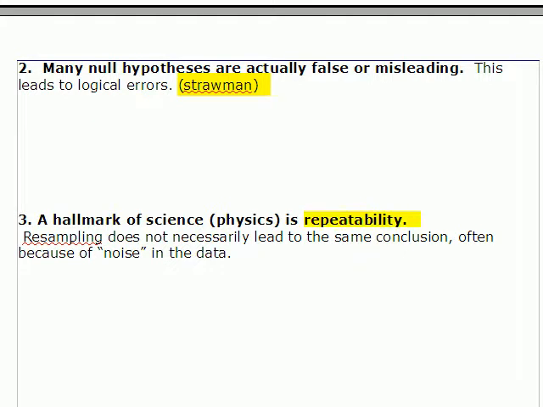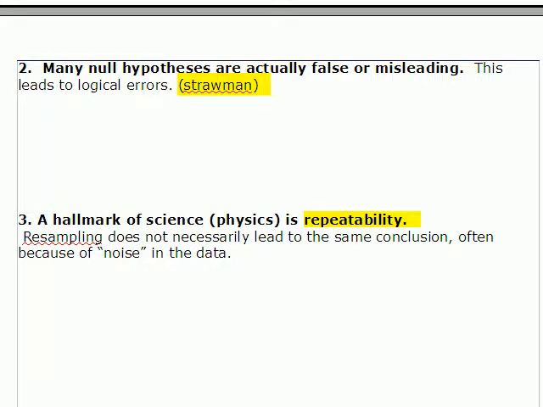Another problem with hypothesis testing is that a hallmark of physics, actual science, is repeatability. So that means if I make a discovery in physics and I publish it, and I'm sitting in one laboratory, like say Livermore, and then someone in another laboratory like Oak Ridge or Sandia or Los Alamos should be able to put together the same test setup and reproduce my results. And that's a big hallmark of truth in physics. If people can't do that, then they go back and question you very severely.